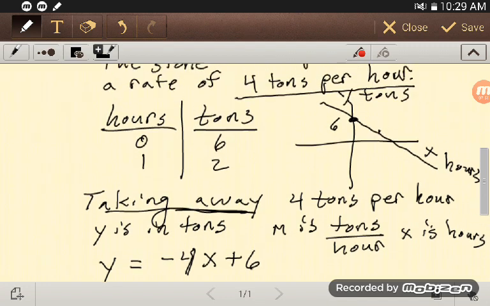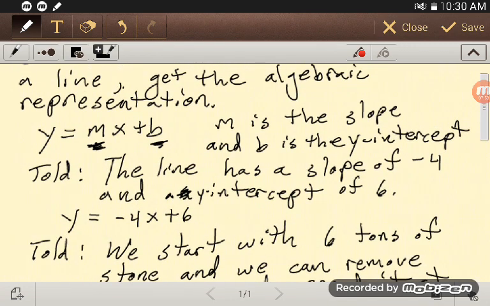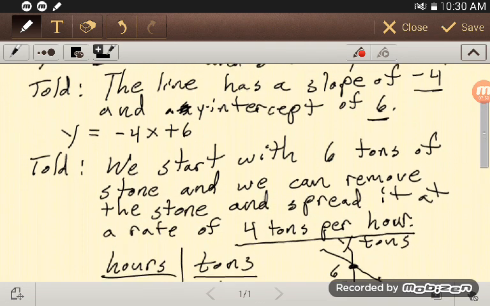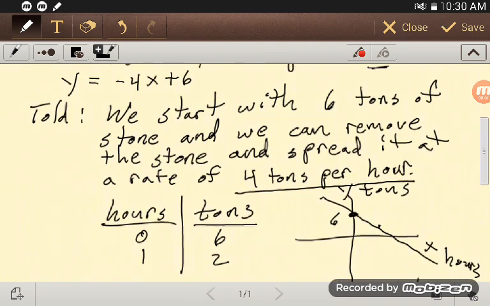So you see, I've been given that same information. I've been told the slope is negative 4 and the y-intercept is 6, but I've been given that information in the context of something slightly more real. And certainly, I'm going to say this is real in that I have a stone driveway.